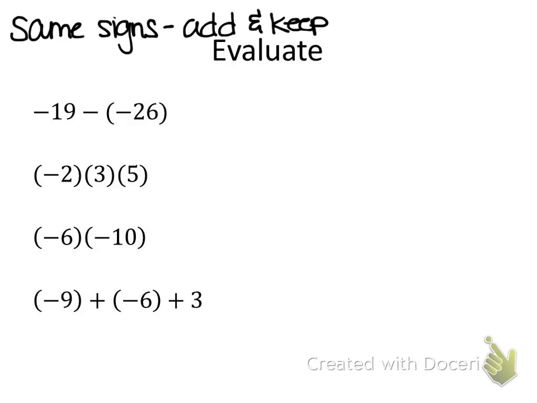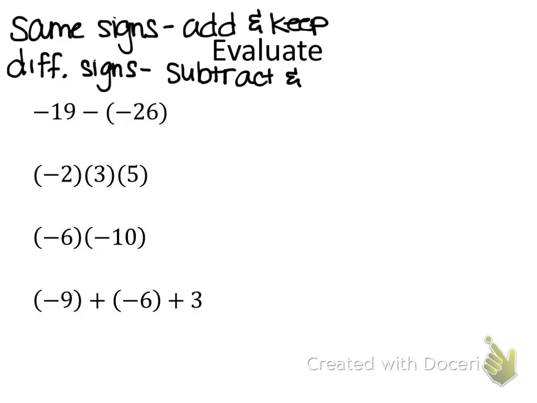Now, when I have different signs, what do I do? Subtract and take. Okay, so what I do is I look and I see, okay, I have a positive number and a negative number. I subtract those numbers. I take the biggest one minus the smallest one, and then I take the sign of the biggest number.